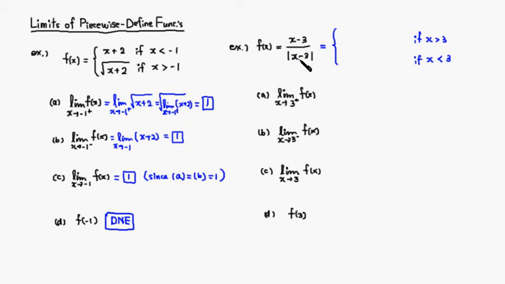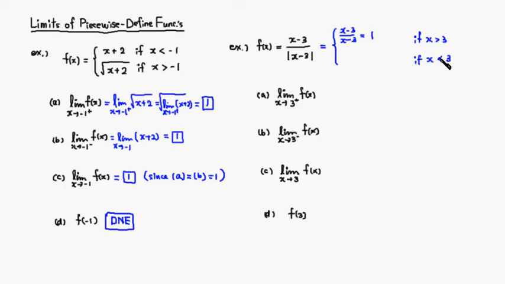So if x is greater than 3, the absolute value sign does not do anything because x minus 3 is always positive, which means that this function is simply x minus 3 over x minus 3 without the absolute value sign. We can cancel those, so x minus 3 over x minus 3 is 1.